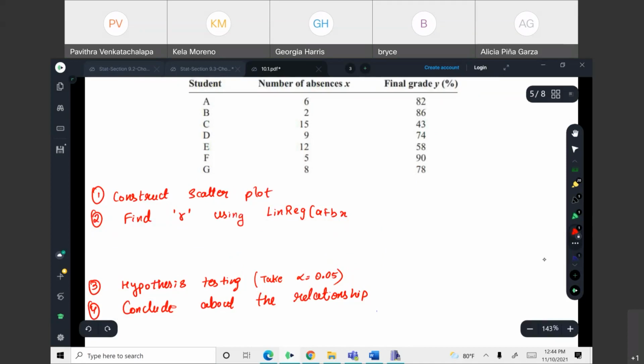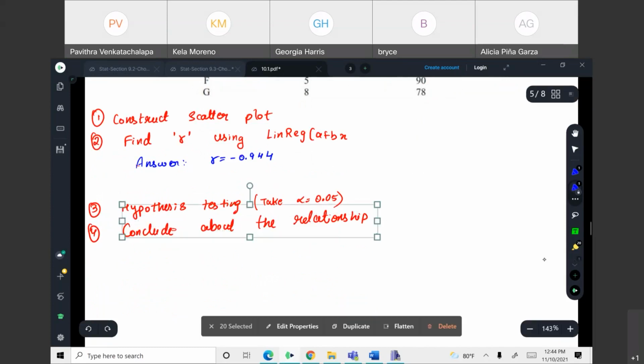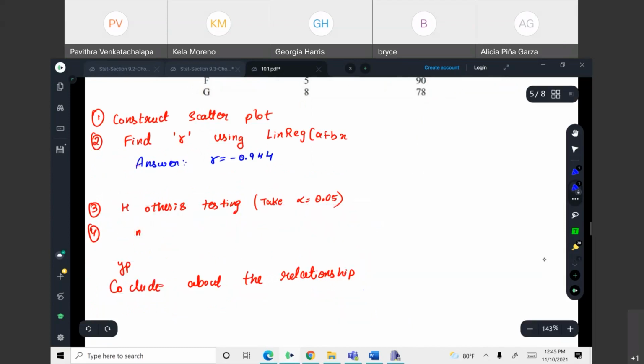So what's the R value you got here? R equal to 0.944. Is it positive or negative? Positive? You got positive? It's negative. And we need this.